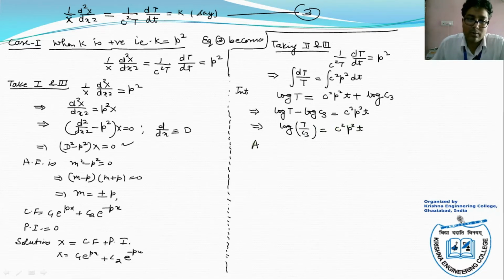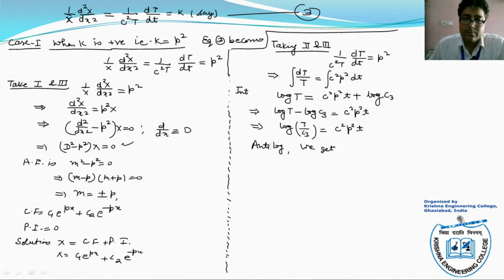Taking anti-log, we get t upon c3 is equal to e to the power c square p square t. So we get t is equal to c3 e to the power c square p square t.